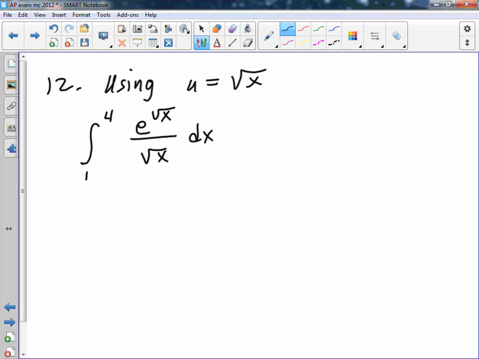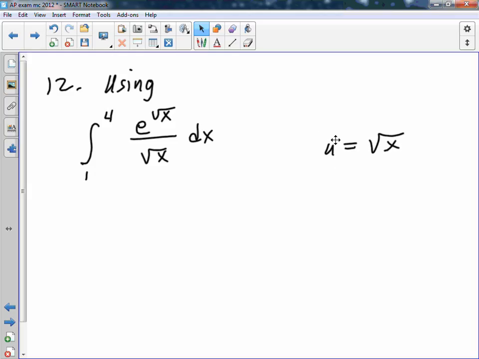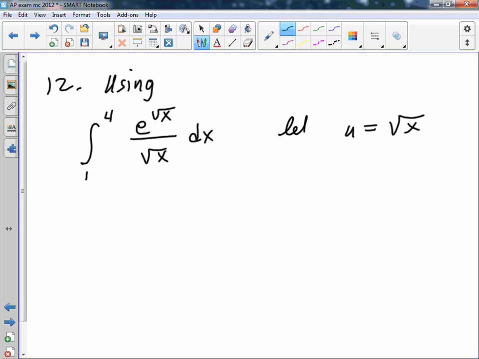So we let u equal the square root of x. Then du dx equals what? You may want to consider that as u to the 1/2.